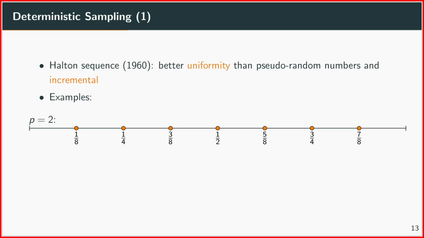You see here that with about 7 numbers, you have a nice covering of the space. If you need a denser covering, you can add more and more points, but you already have a good covering in the beginning.